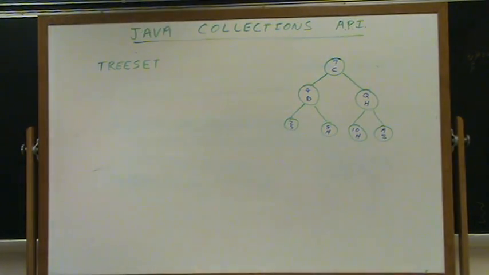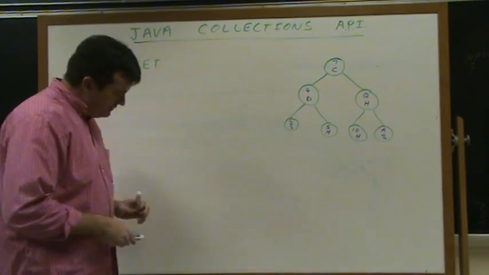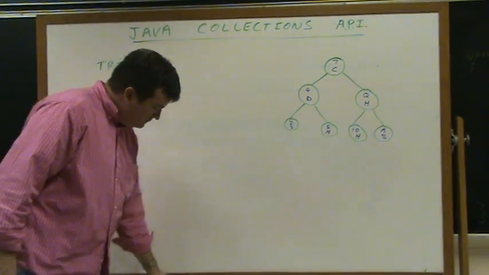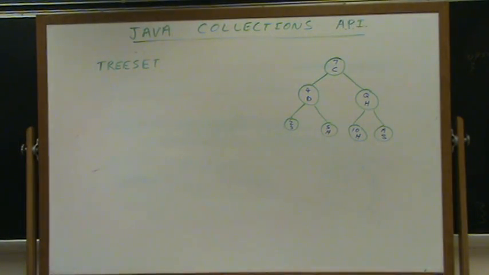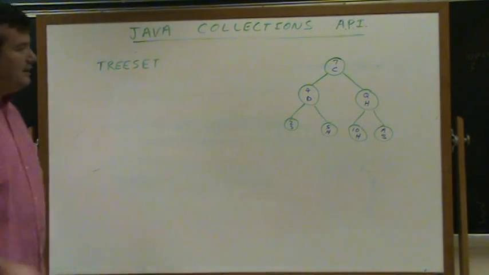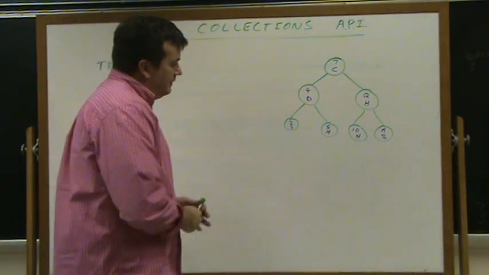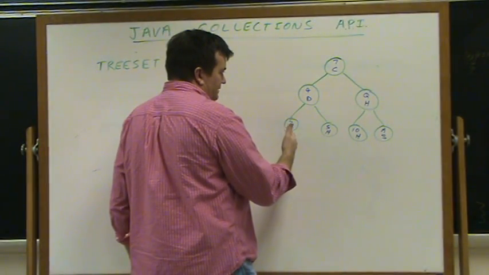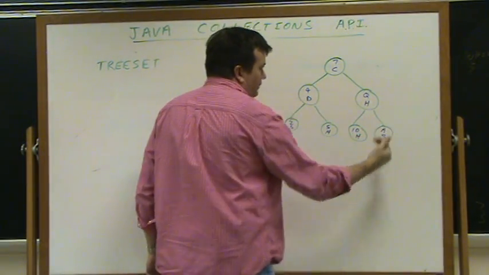Let's say these are our cards in what we're calling a tree set. Java allows us a tree set, which is not in the C++ standard template library. But now an order is maintained. This card is less than this card, so there's a left to right order to it.